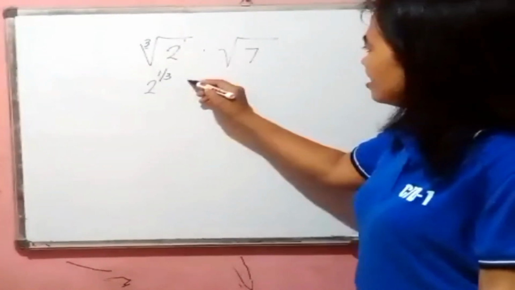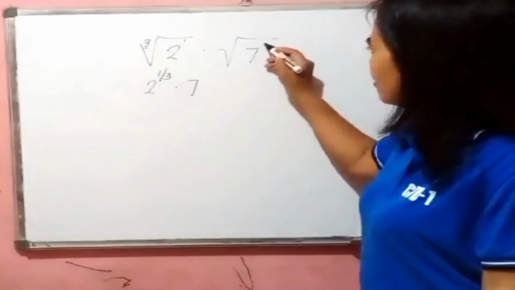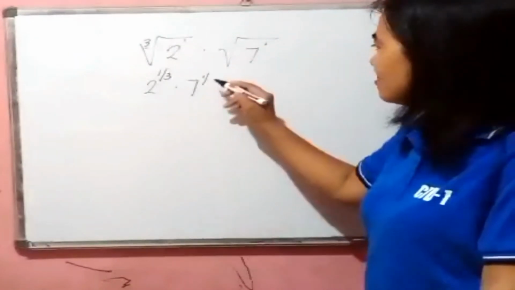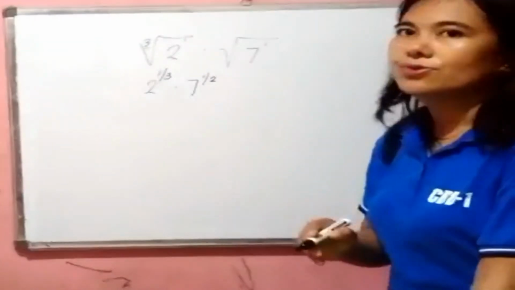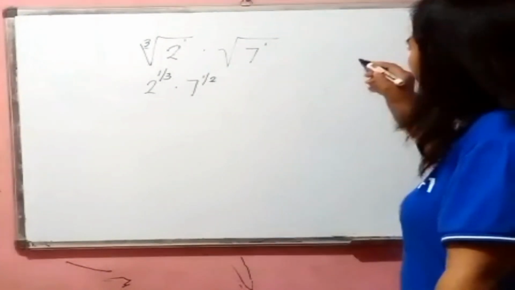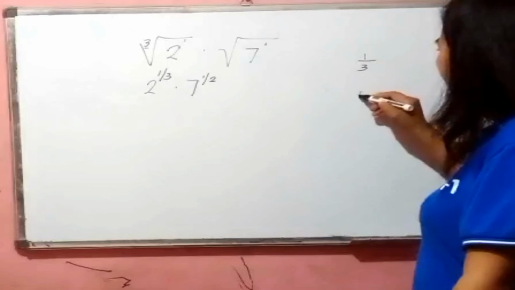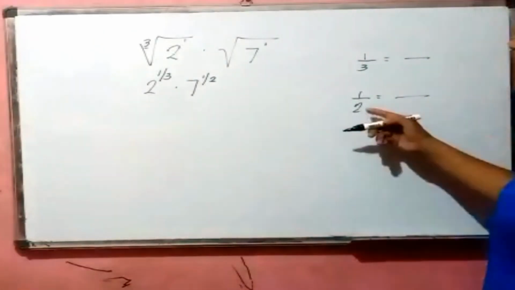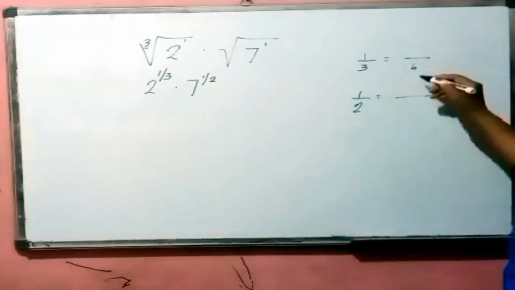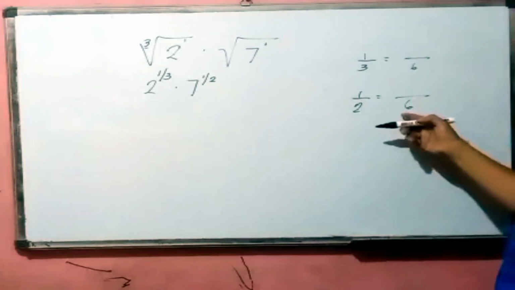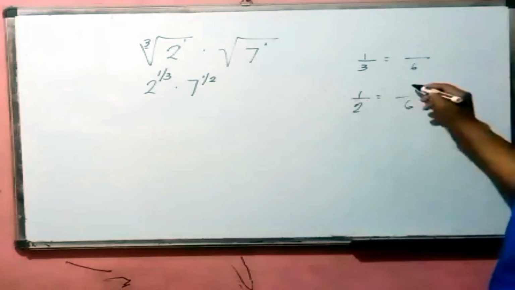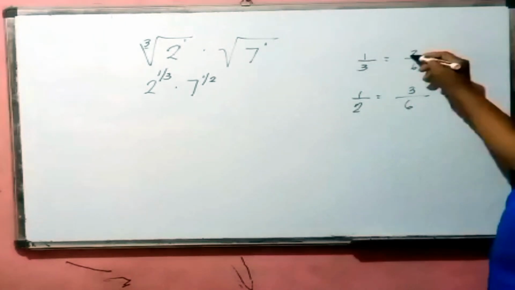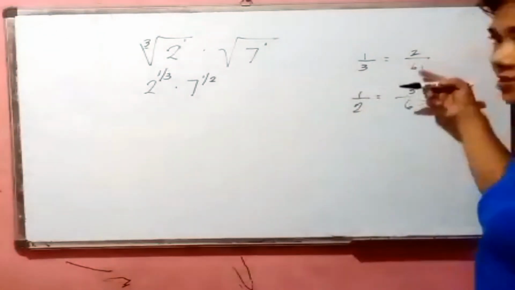Dito naman, 7, tapos 1, pag wala kang nakitang index, pag invisible, ibig sabihin meron siyang 2. Okay? Ngayon, 1/3 and 1/2. Change them into equivalent fractions. So, 2 and 3, meron tayong 6. 6 divided by 2 is 3 times 1, so 3. 6 divided by 3 is 2 times 1, so that's 2. Okay? Ito na yung exponents nila ngayon.